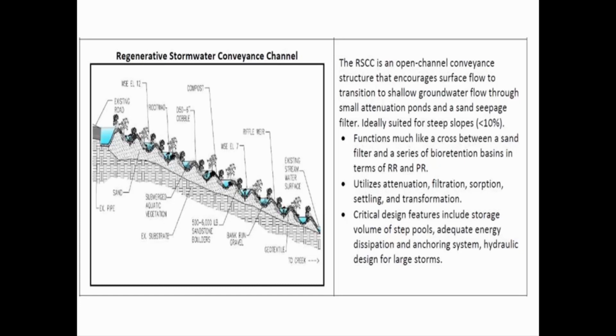This was a relatively steep channel to begin with, and so the water would have been very shallow and moving quickly over that surface. There's probably a good chance of scour, whatever the material was. So the idea is that you build up a series of smaller pools, each of which has to fill before there's any movement towards the creek. That really reduces the damage to the surface for steep slopes.